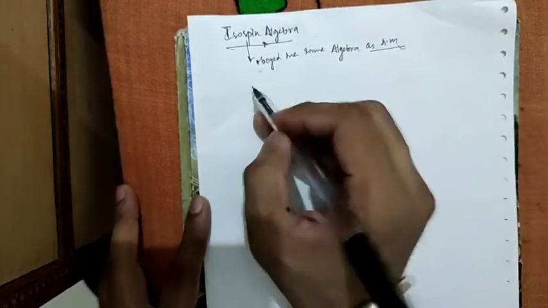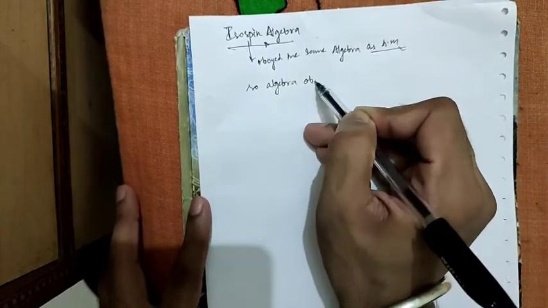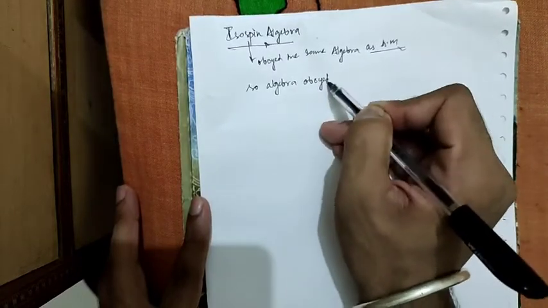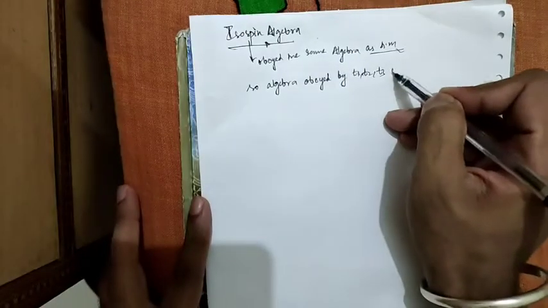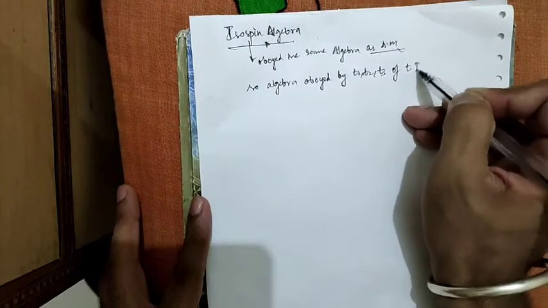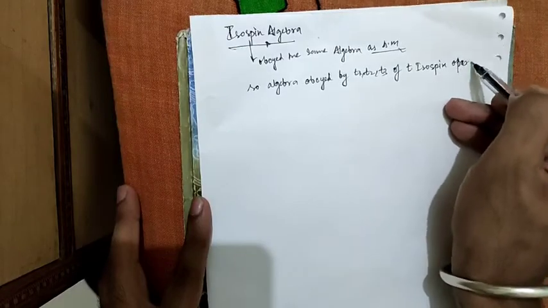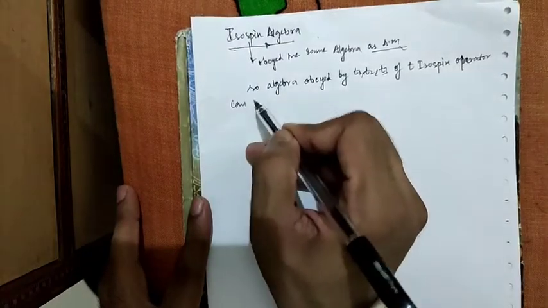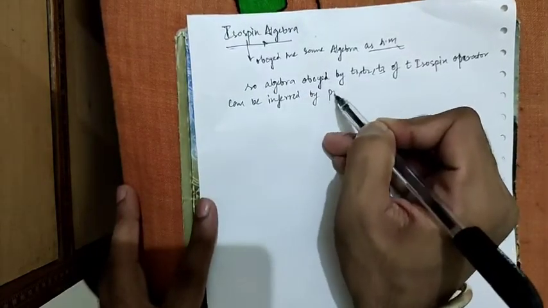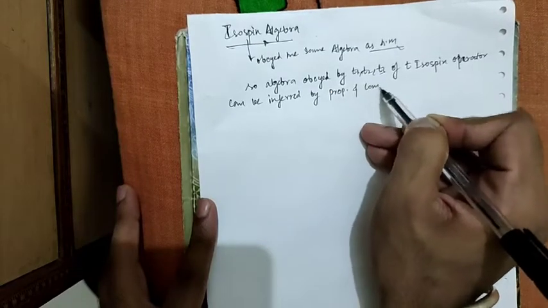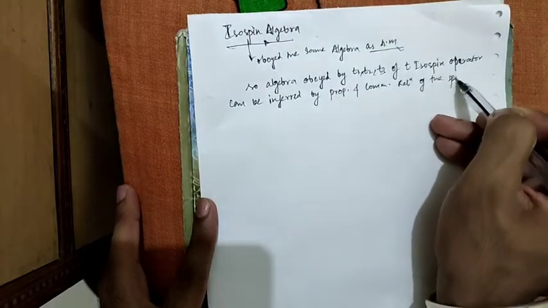So the algebra obeyed by T1, T2, T3, which are the components of the isospin operator T, can be inferred by the properties and commutation relations of the spin operator.